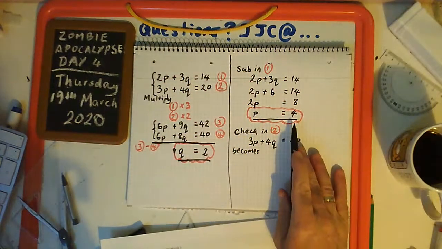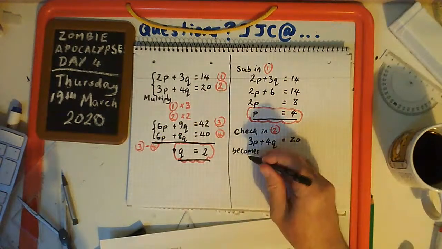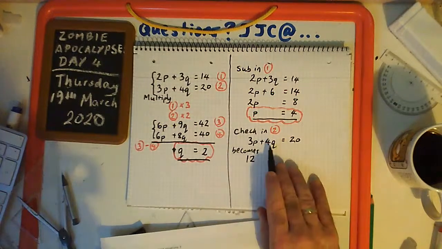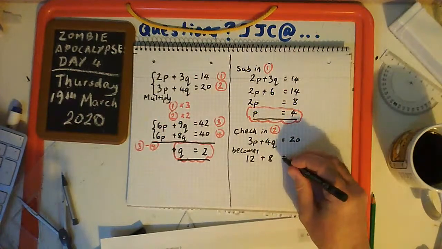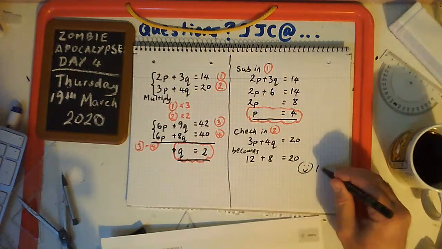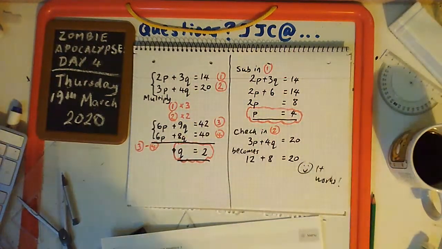I figured out that p is 4, so 3p will be 3 times 4, which is 12. I figured out that q is 2, so 4q would be 4 times 2, which is 8. And 12 plus 8 does equal 20, so we know that we've got it right, and we can go on to the next one.